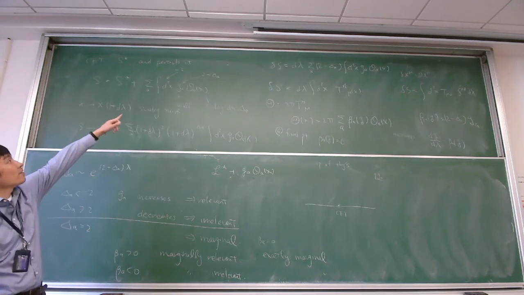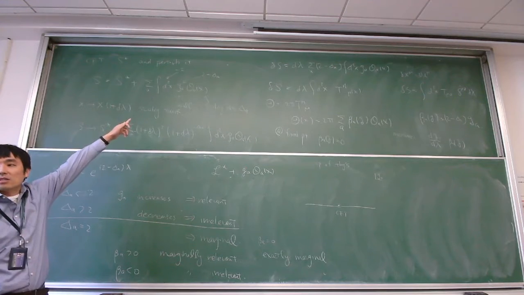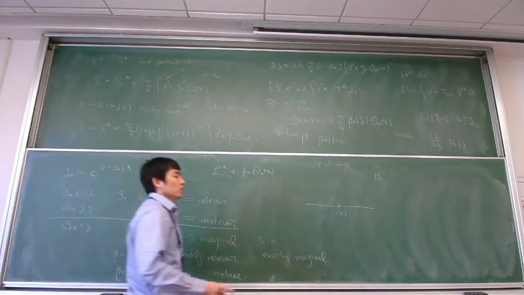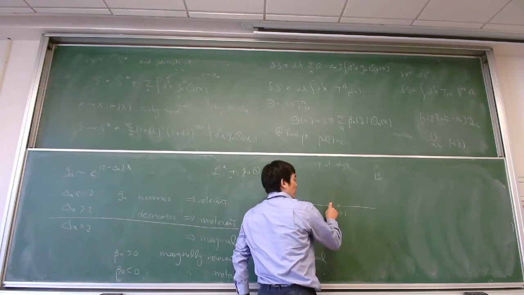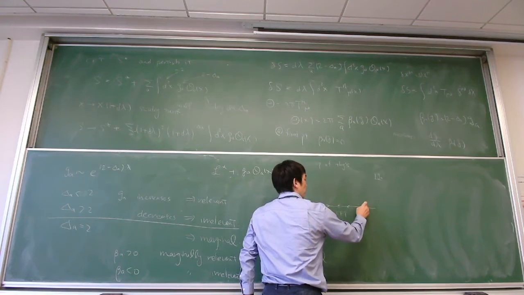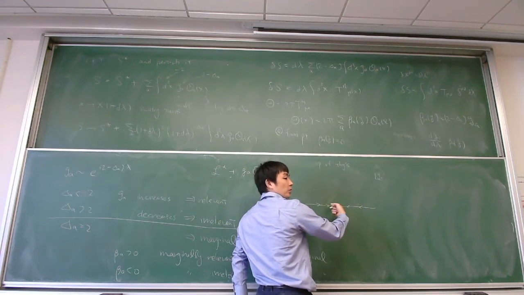Even if you perturb this way, g goes to 0 as you move to the IR. So the irrelevant deformation always moves towards the CFT. Even if you perturb, you move back once you go to the IR.